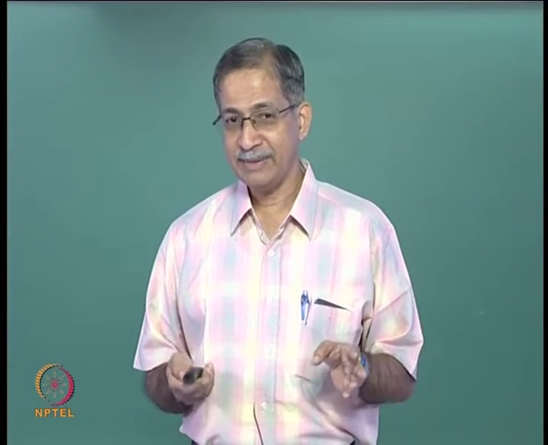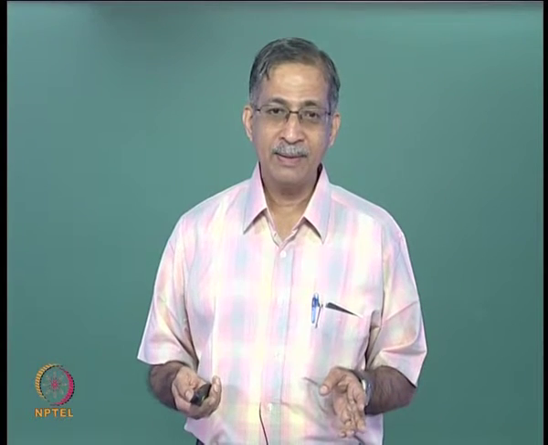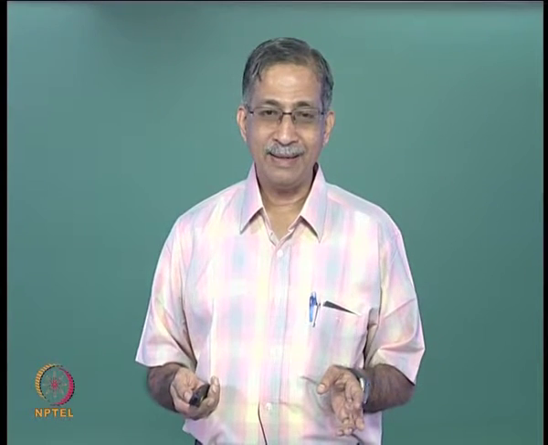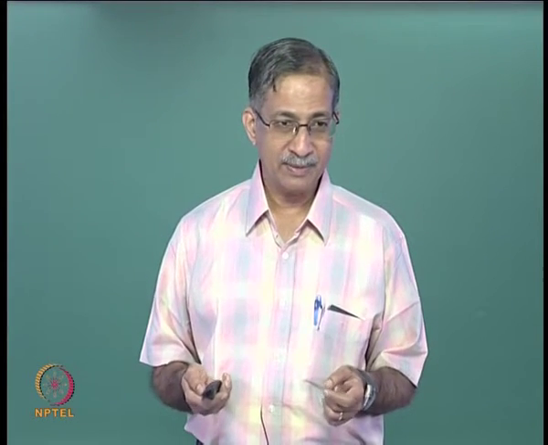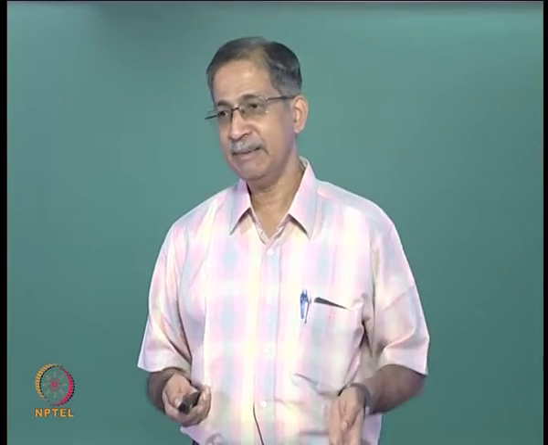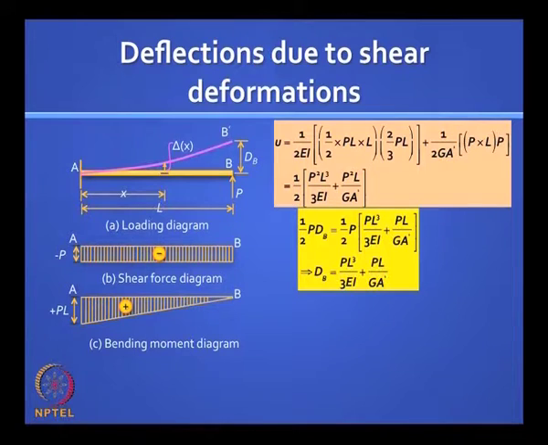Mind you, if in that cantilever beam I had put a uniformly distributed load, I would not be able to find the deflection using this theorem, because then there will be many displacements. In any case, look at this, you will find that the deflection now is PL cubed by 3EI plus an additional factor PL by GA dash, which reflects the deflection that comes from shear.